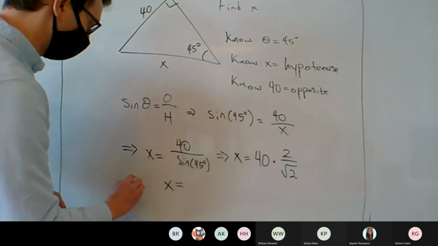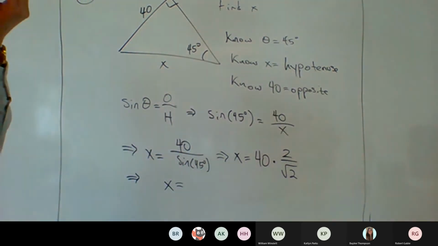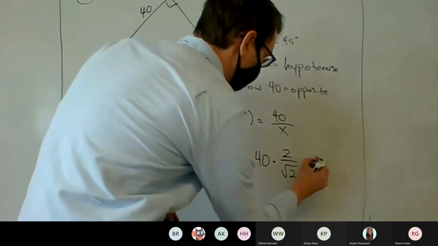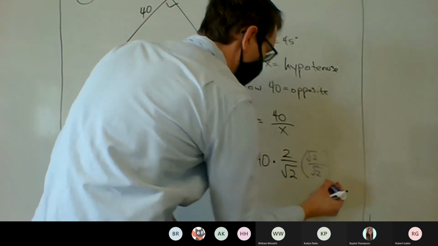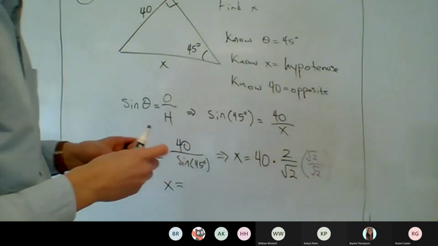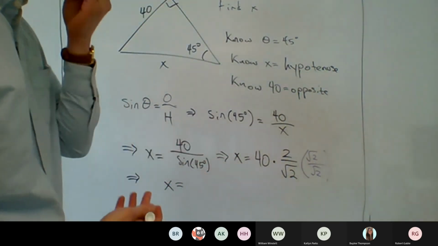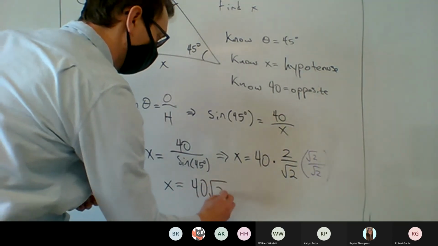x is going to be equal to, well, I can clean this up and rationalize this denominator by multiplying by square root of 2 over 2. Long story short, you end up with 40 times square root of 2.